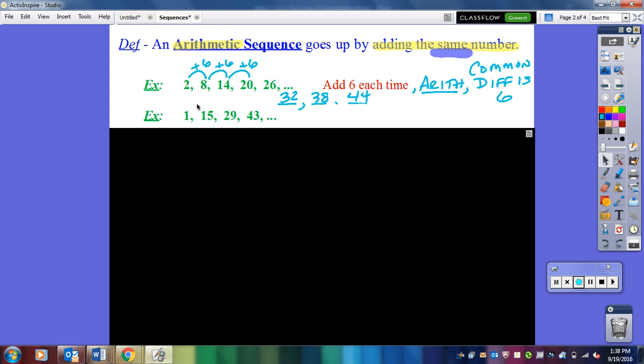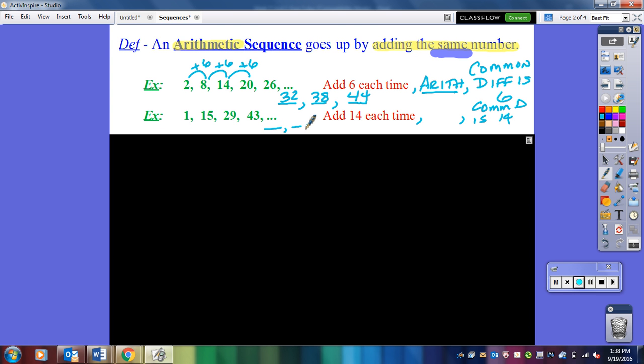Add 14 each time. And from here to here, you can always subtract: 15 minus 1, that's 14. 29 minus 15, that's 14. It looks like someone is adding 14 each time. I would also say again, it is arithmetic. I would say the common difference is 14. Now I find the next three numbers by adding 14.